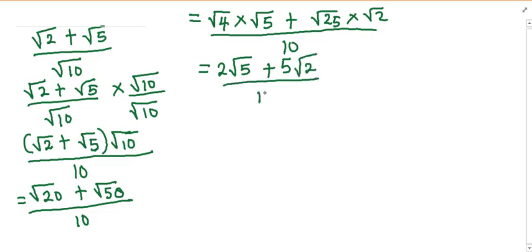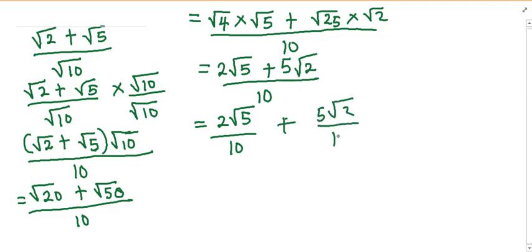All over 10. Okay, so if we write them separately, it becomes 2 root 5 over 10 plus 5 root 2 over 10. This is just a further work. So here is 1, here is 5. So root 5 over 5. Right now you can see there is no root in the denominator section.